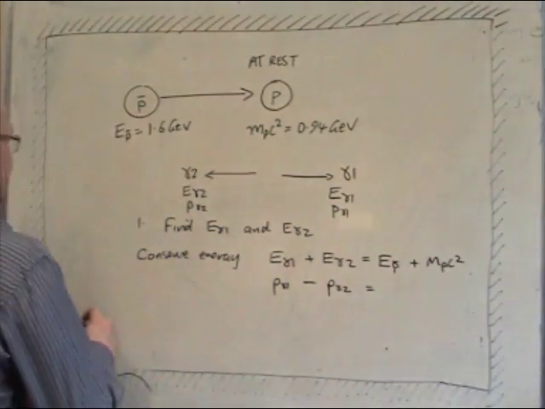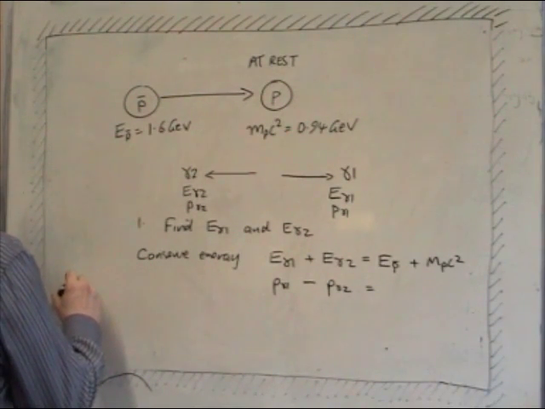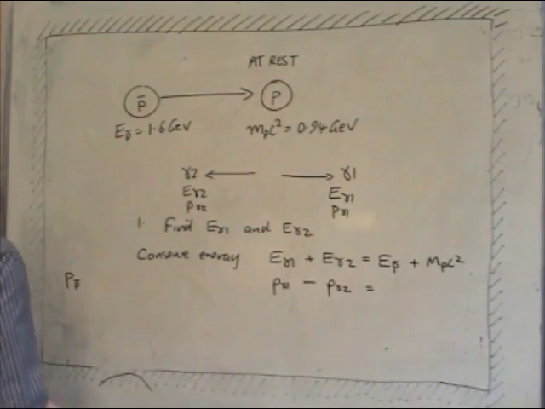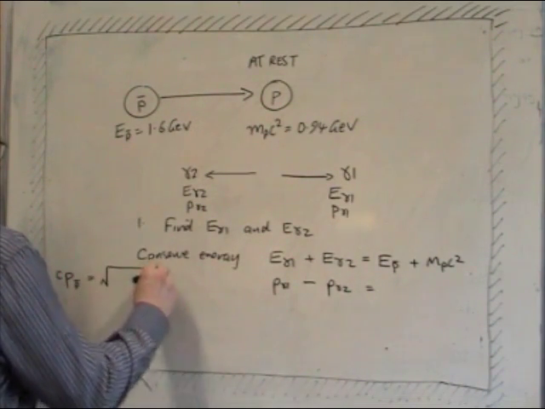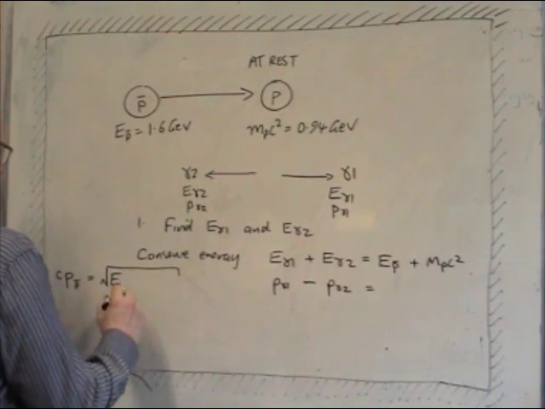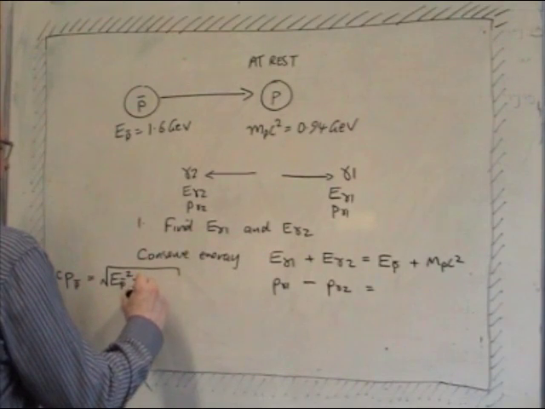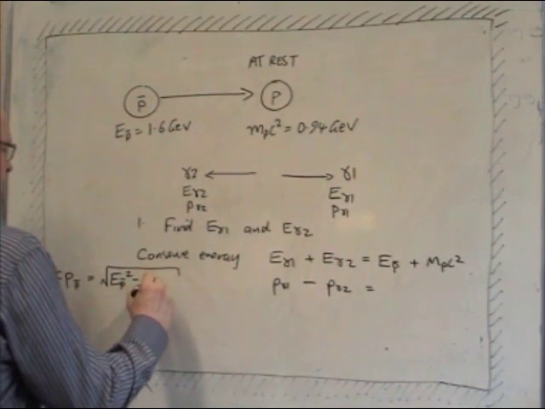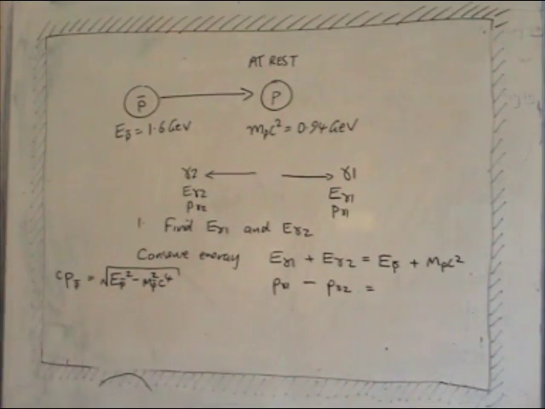Now the incident antiproton has energy 1.6 GeV, so its momentum P of the antiproton, multiplied by c, is the square root of E P bar squared minus M P bar squared c to the fourth. That's from the energy momentum mass relation.